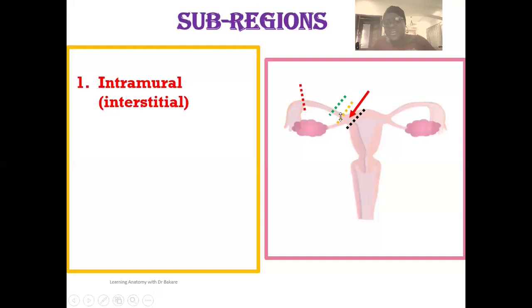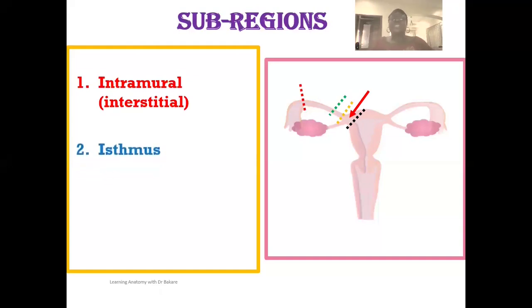We still have a sub-region of the uterine tube located within the myometrium of the uterus. This region arrowed here in red is the intramural region of the uterine tube. It can also be referred to as the interstitial region. This is the initial segment of the uterine tube that is located still within the substance of the uterus.